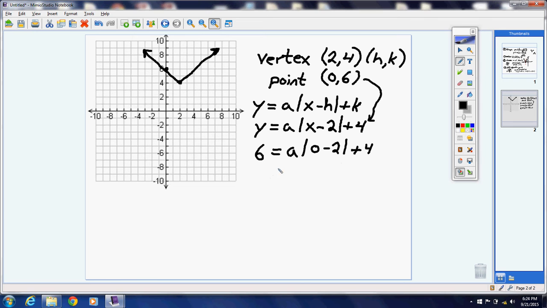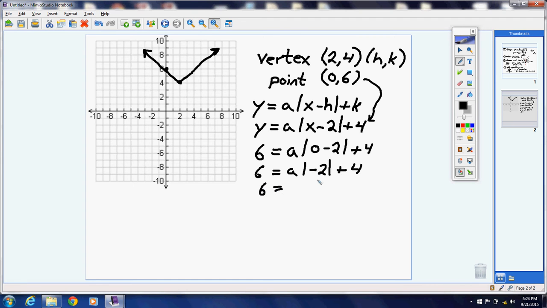Then we just solve for a. 6 equals a times 0 minus 2, well, that's just negative 2, and we still have the plus 4.